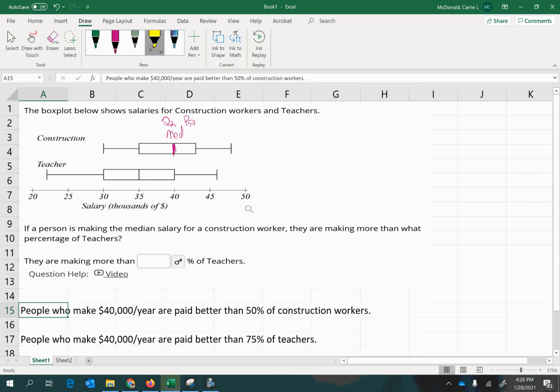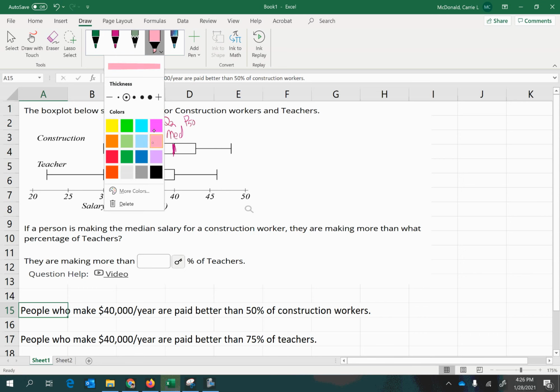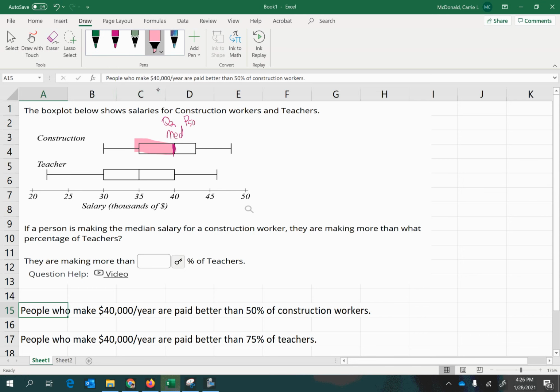So that means that when you look at the values from here to the left, or if you just look at all the construction workers who had salaries that were lower than 40,000, that would be 50% of construction workers make less than $40,000 a year.